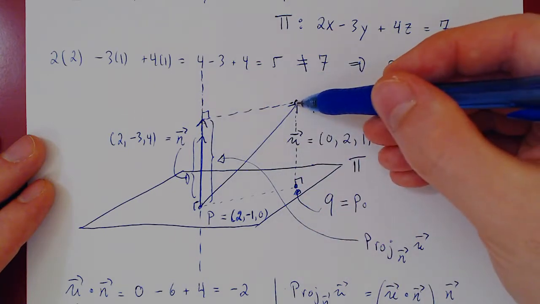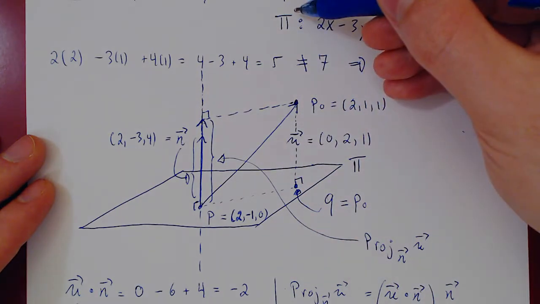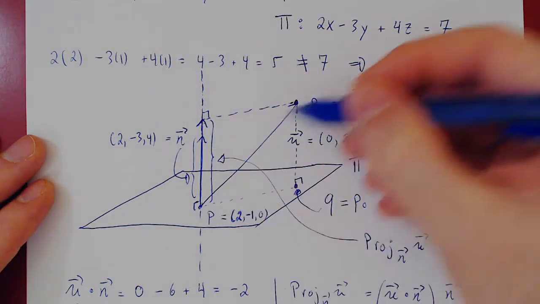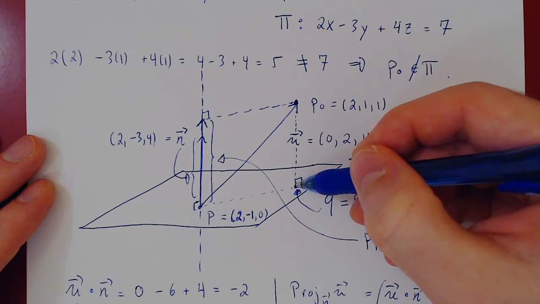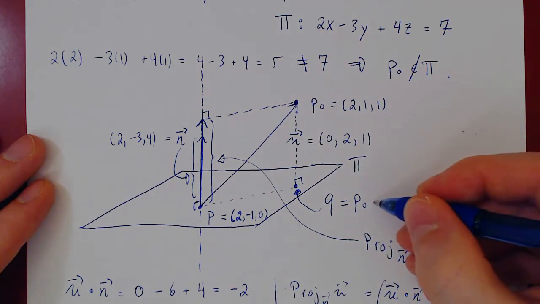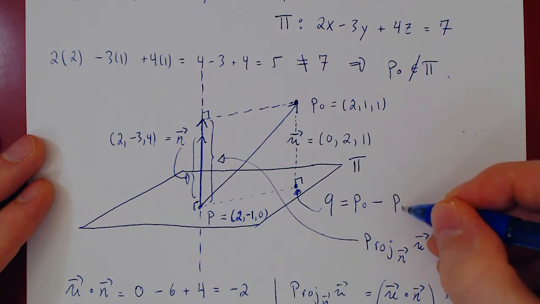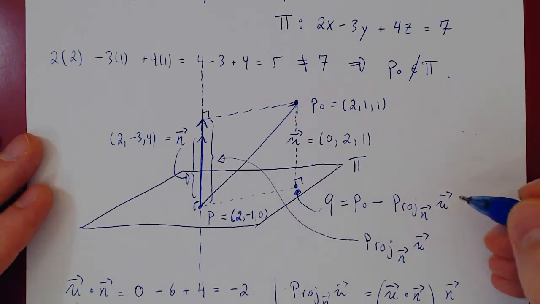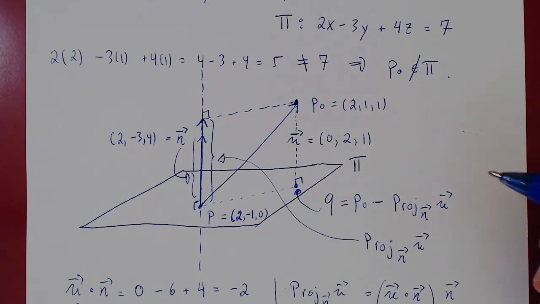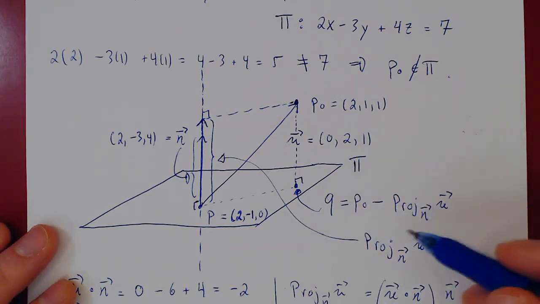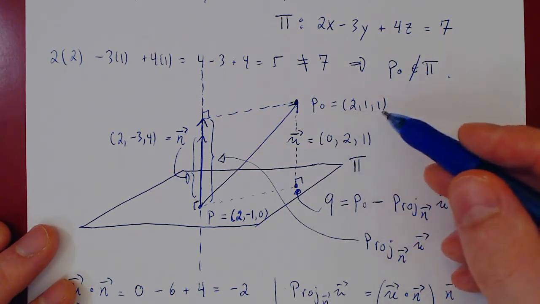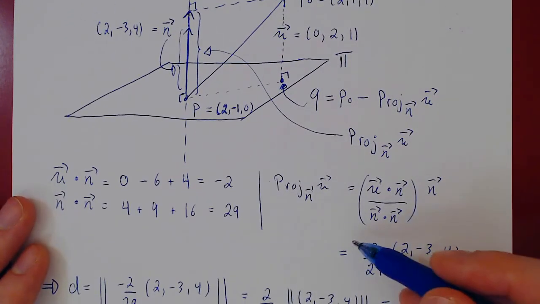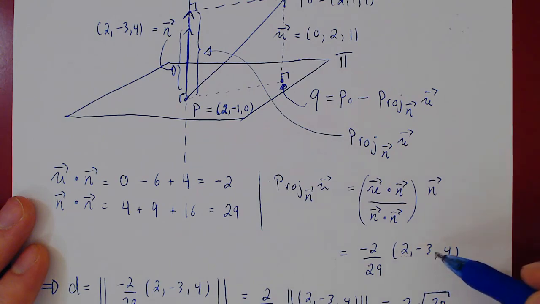Of course, if you add that to P0, you land way over here. But if you do P0 minus the projection of u onto n, you land exactly on the right spot. So this is P0 minus the projection of u onto n. And as before I leave the calculations up to you, the point P0 is just 2, 1, 1, and the projection of u onto n is just a vector, negative 2 over 29 times 2, negative 3, 4.